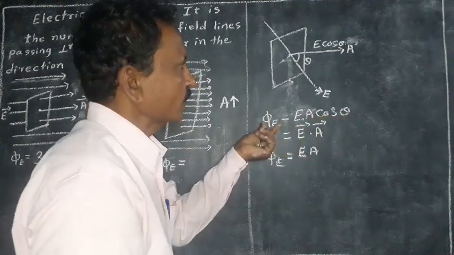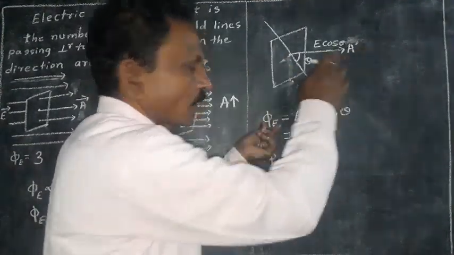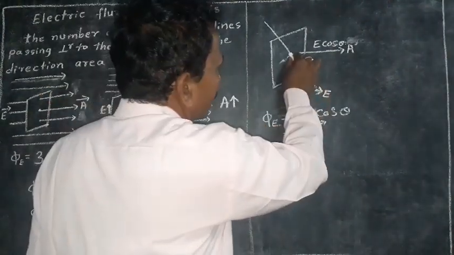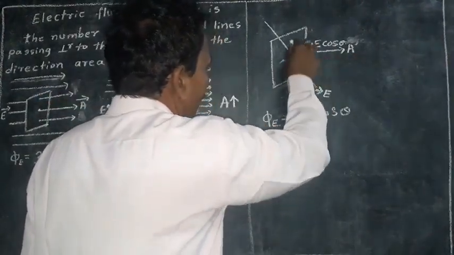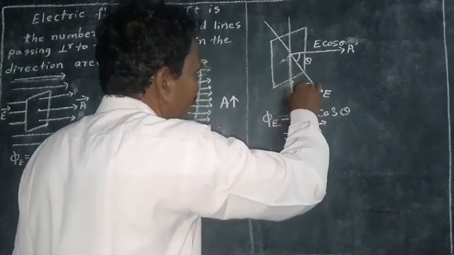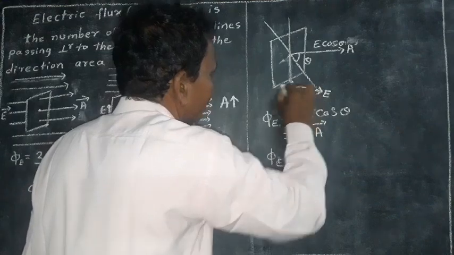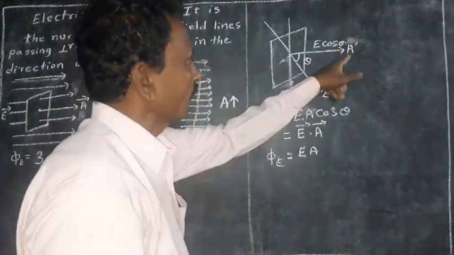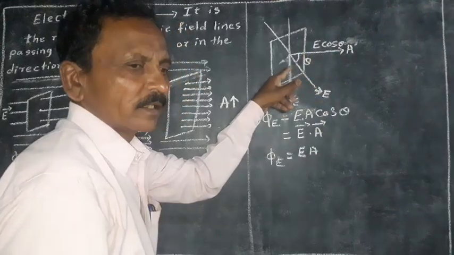Therefore, flux through the surface also decreases. And if the intensity of electric field lines is along this direction, then angle between E and A is equal to 90 degrees.